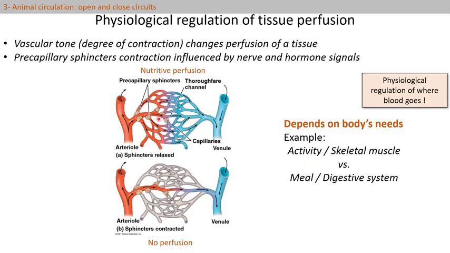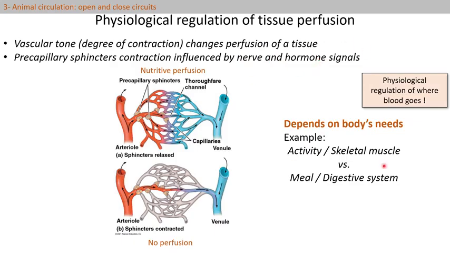Well, for instance, let's imagine that a tissue requires more activity. For instance, the skeletal muscle is generating some activity. It requires more blood flow. Well, the vascular tone can be affected and regulated by nerves and hormonal signals.